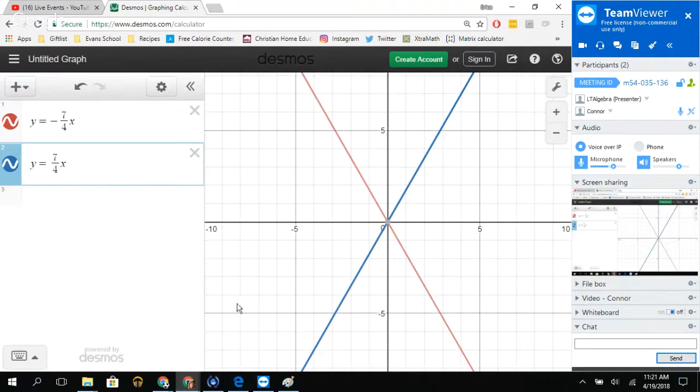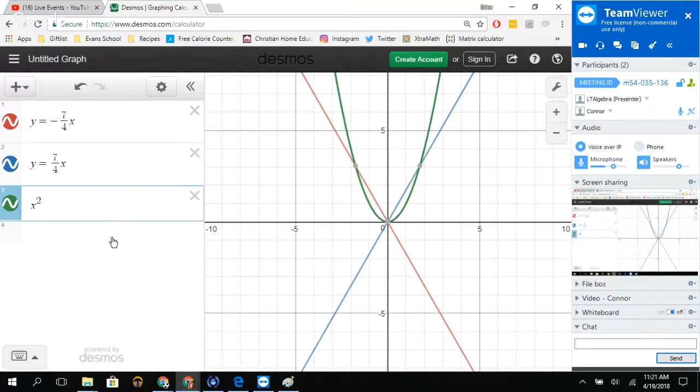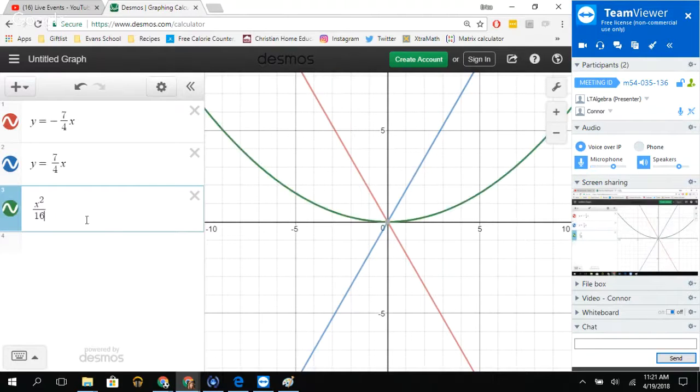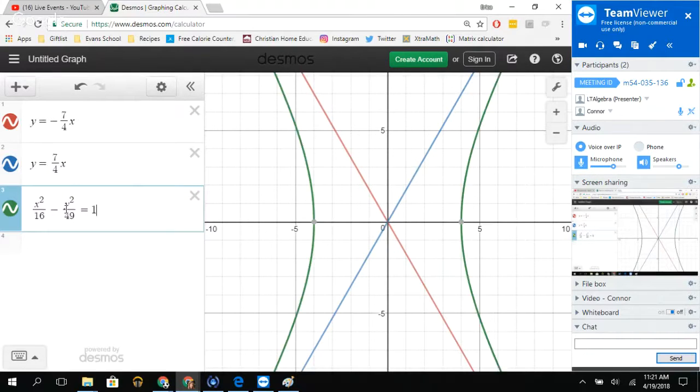Okay, so then if I actually graph my original problem, x squared divided by 16 minus y squared divided by 49 equals 1.